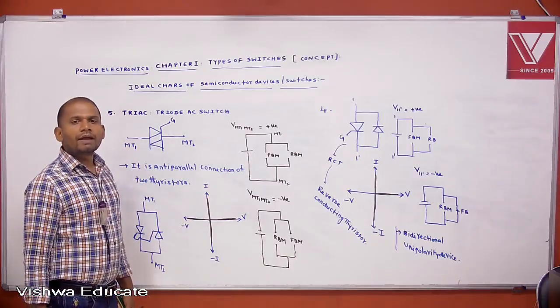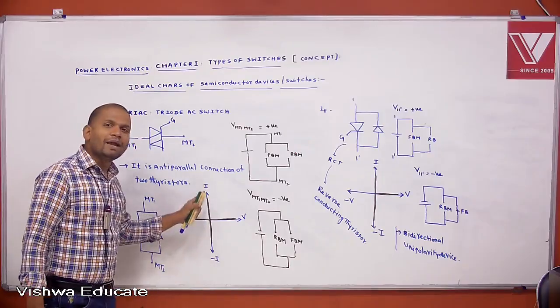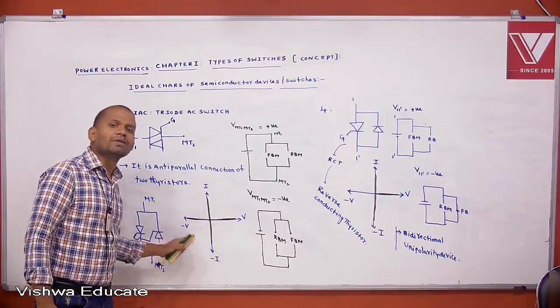Then a triac is an example of which type of device? It's a bidirectional bipolarity device.